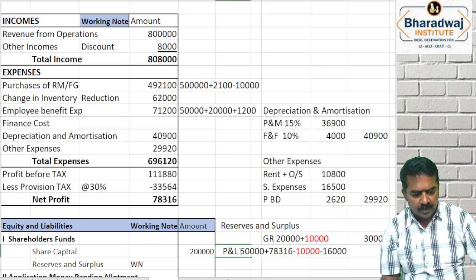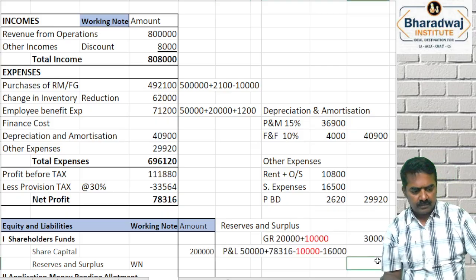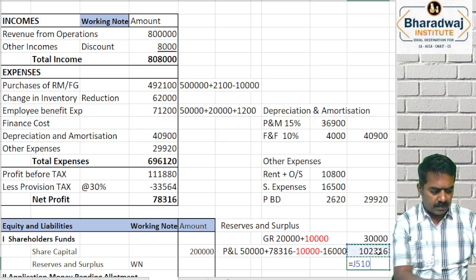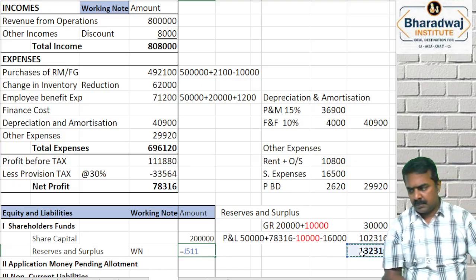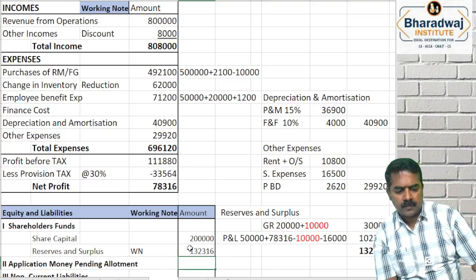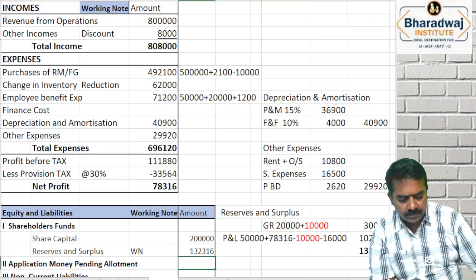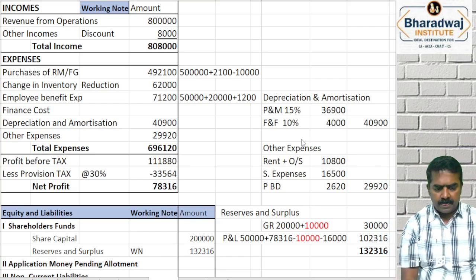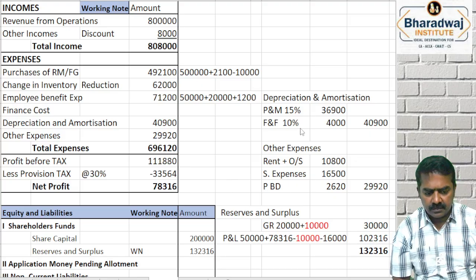When writing in the exam, write it properly. For classroom purpose it is okay. Try to complete the other parts of the balance sheet.